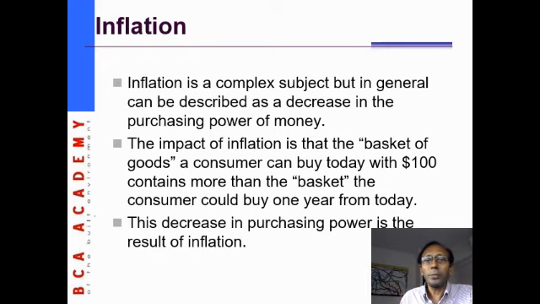For example, if you have got $100 and you go to the market and buy things in a basket, whatever you can buy today is more than what you can buy with $100 1 year from now. That means 1 year later, if you go with $100 to the market, you could not purchase all the things that you would have bought today.